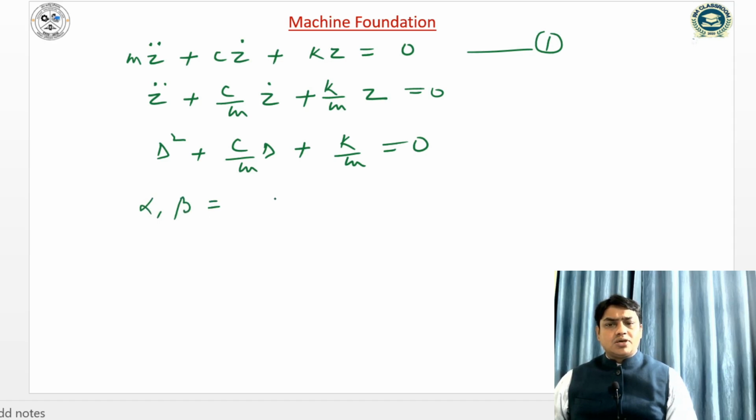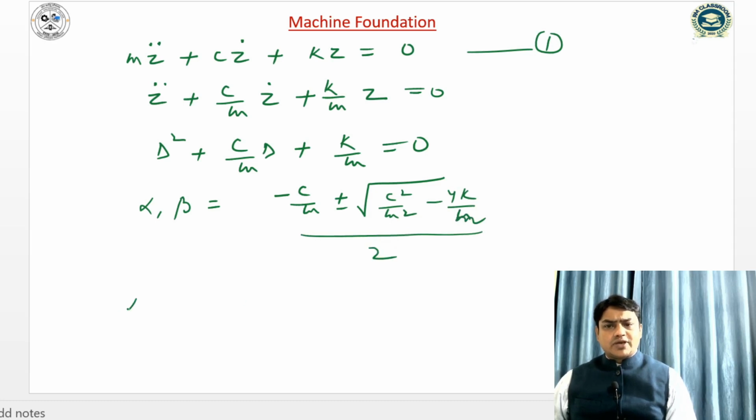So it will be minus c by m plus minus square root of c square by m square minus 4k by m, divided by 2. So alpha, beta is equal to minus c by 2m plus minus square root of c square by 4m square minus k by m.